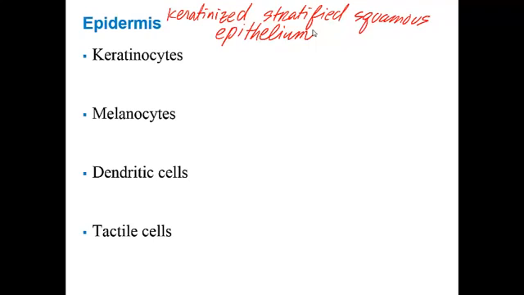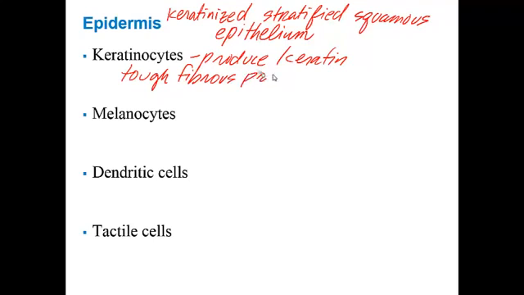And so these are some of the major cells that you need to be aware of in the epidermis. There are 4 major ones. And the keratinocytes, as I mentioned, are going to produce keratin. And the keratin is a tough, fibrous protein. Back in chapter 2, you learned that there were 2 major types of protein. There were fibrous proteins and also globular proteins. Now these cells are very tightly held together by desmosomes, and recall from chapter 3 that the desmosomes are going to prevent ripping apart of these cells.